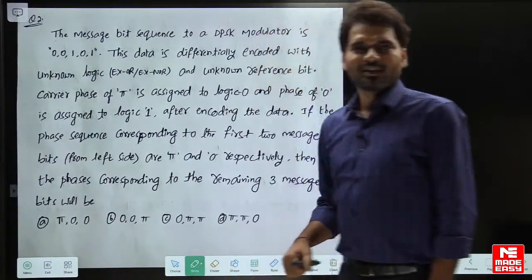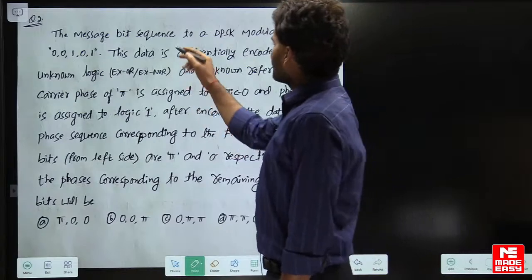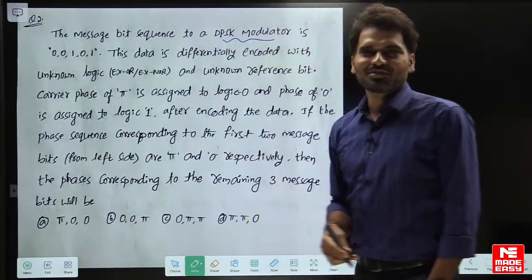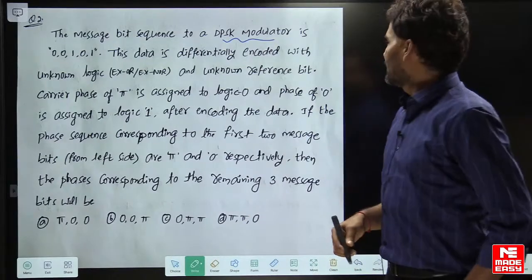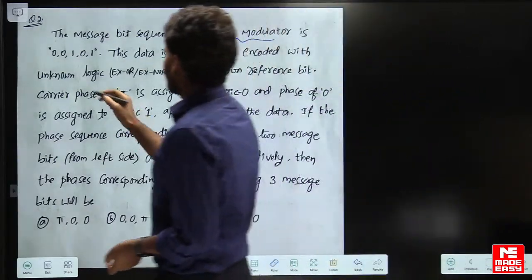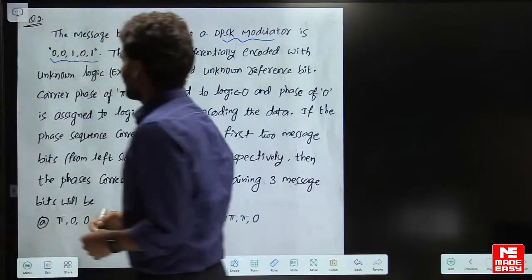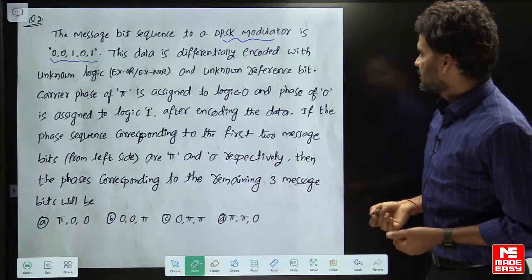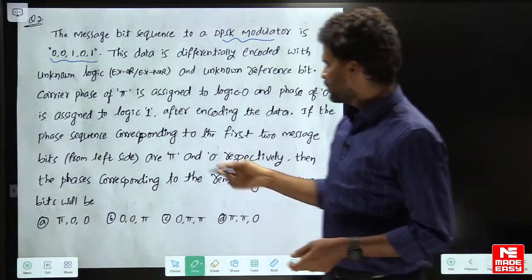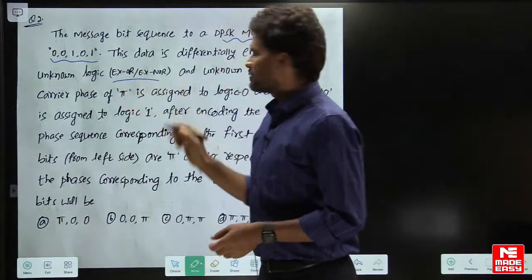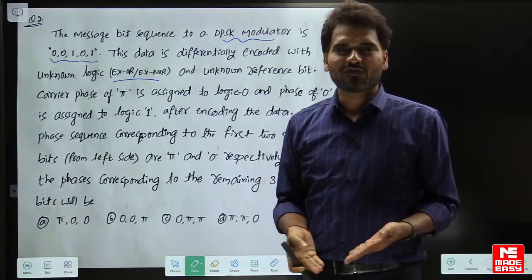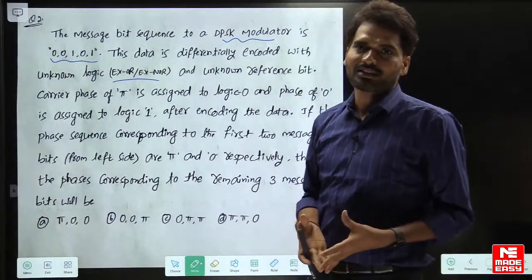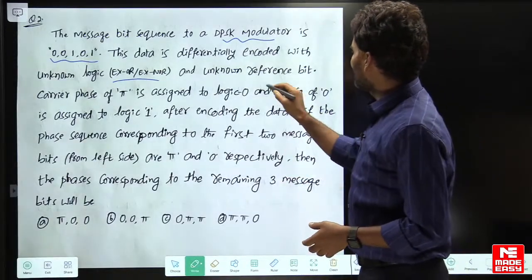The message bit sequence to a DPSK modulator, so this question is about DPSK modulation, is 00101. This is the input to a DPSK modulator. This data is differentially encoded with an unknown logic. Which logic is used to perform differential encoding is unknown, meaning it can be XOR or XNOR. And an unknown reference bit.